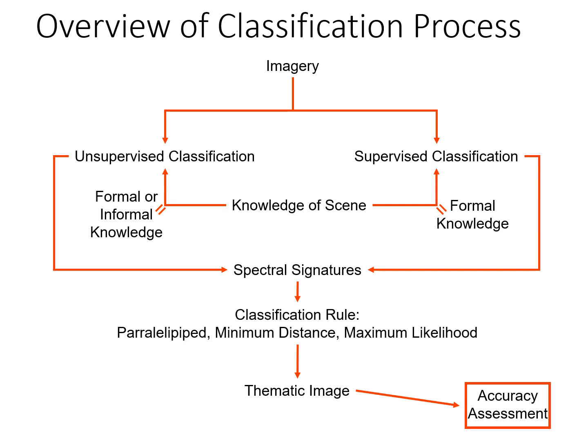Now, formally, the unsupervised and supervised classification processes give you a set of spectral signatures. So for instance, for water, you would have a spectral signature showing that dark pixels are associated.